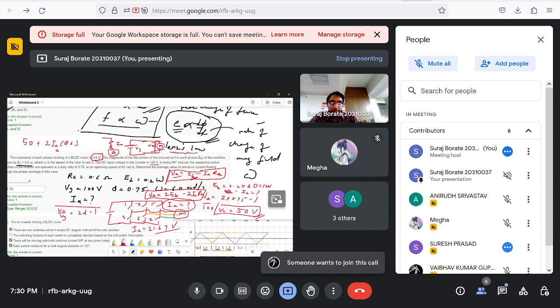The frequency of ripple torque will increase by this logic. Why? Because if this frequency is increasing, the frequency of ripple torque will increase because this torque is on this side. So that is the intuitive reasoning. I don't know a direct formula for this.